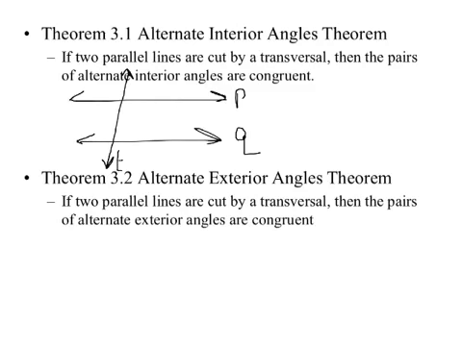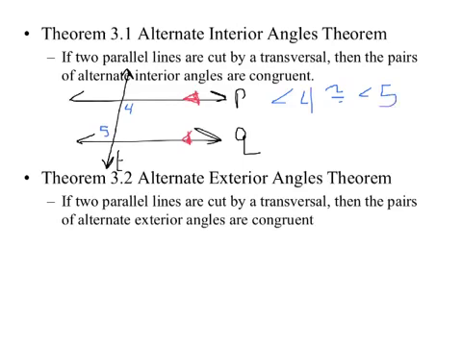Okay, P and Q are parallel because of these red arrows. And I have angle 4 and 5, which are alternate interior. So this theorem says that angle 4 is congruent to angle 5.